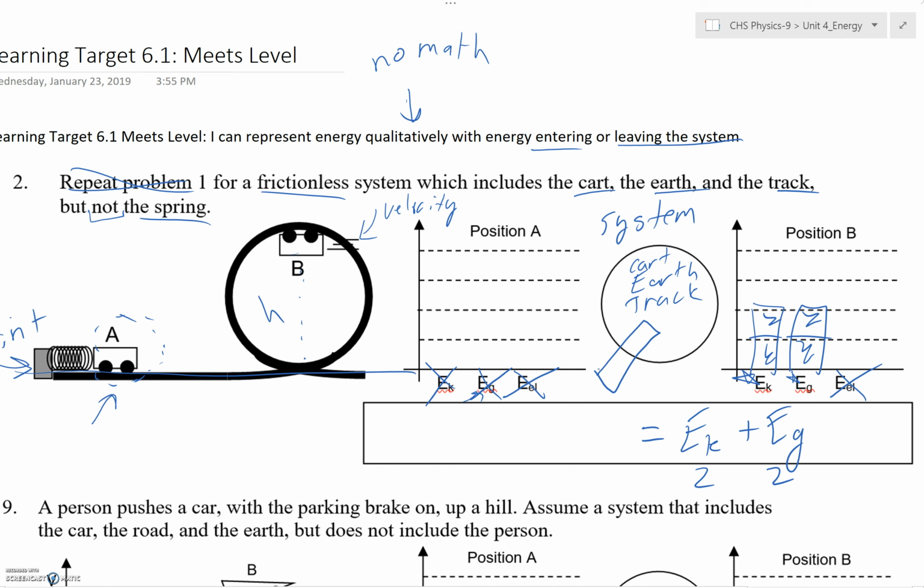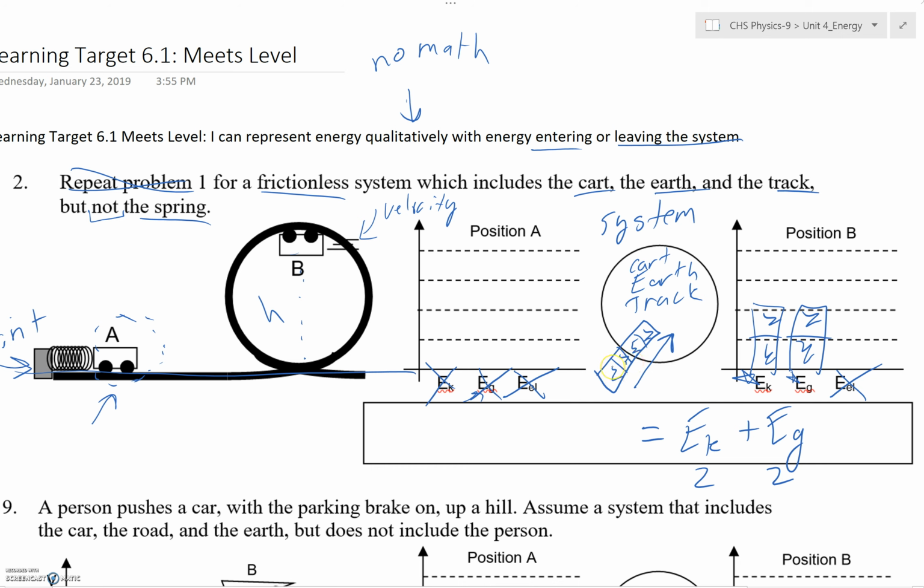And the way you're going to show that is by doing something like this. I've got 4 bars here. I've got an arrow showing they're going into the system. Something else that you should do or get in the habit of is saying why and where the energy is coming from.